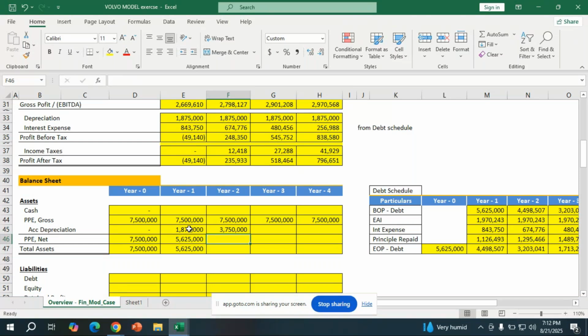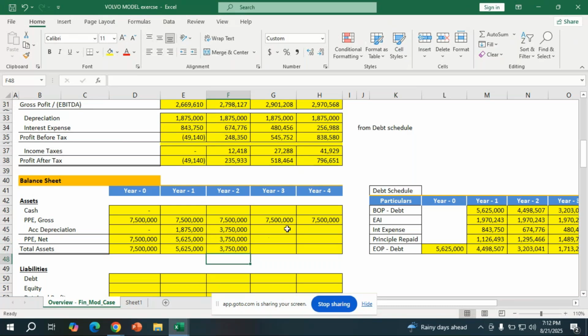Okay. So what is the net amount? Equals to gross minus net. Again, I told you, right? Cash cell plus your net value of your asset. Okay.